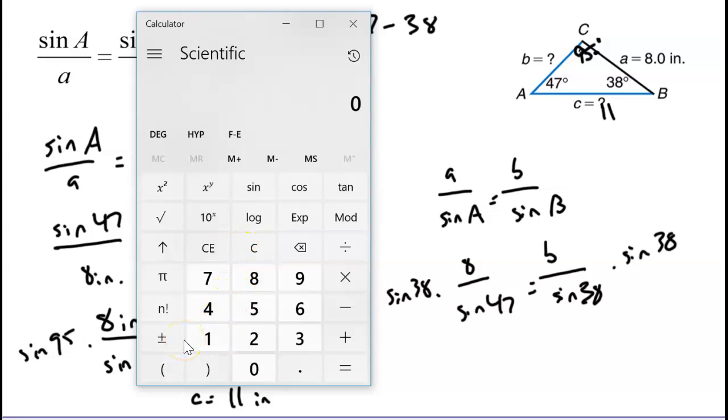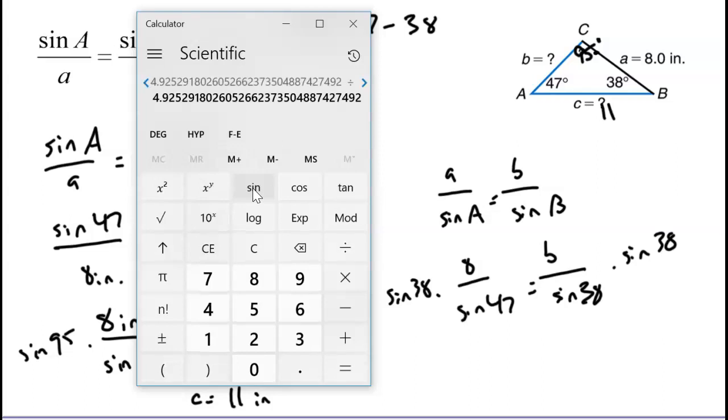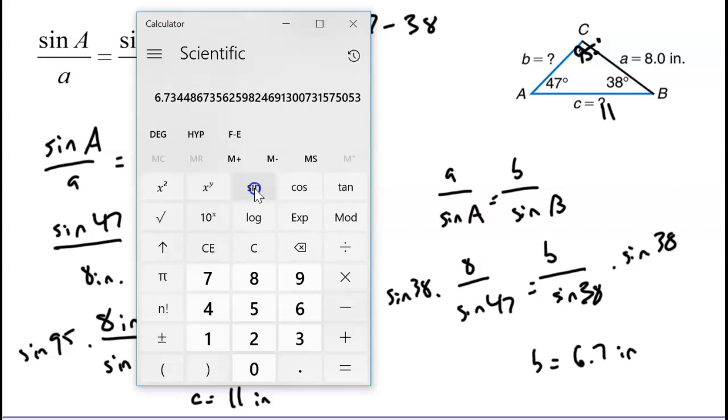Sine 38 times 8, divided by sine of 47, equals, so B equals 6.7 inches, and that would make this 6.7 inches.